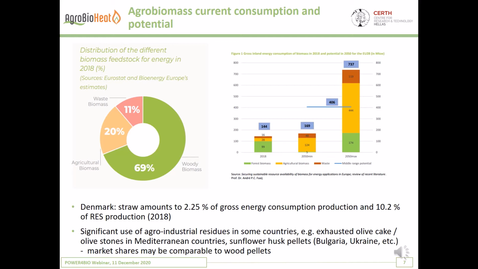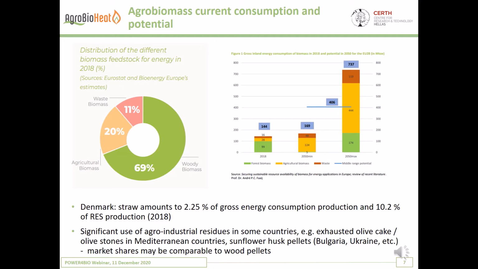The majority is coming from woody biomass and some share of waste biomass fractions as well. If you look, however, at the 2050 potential, agrobiomass has by far the largest potential for increase regardless of the scenario. So in principle, it can contribute substantially to future renewable energy targets.